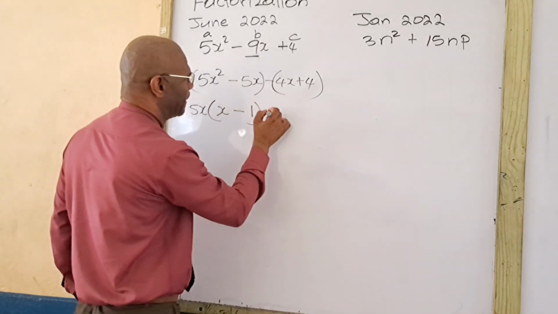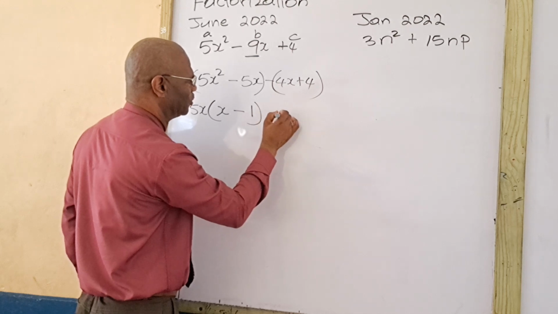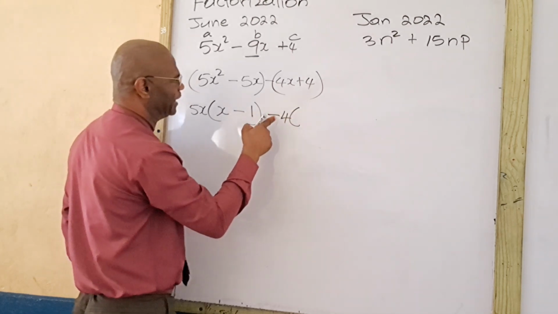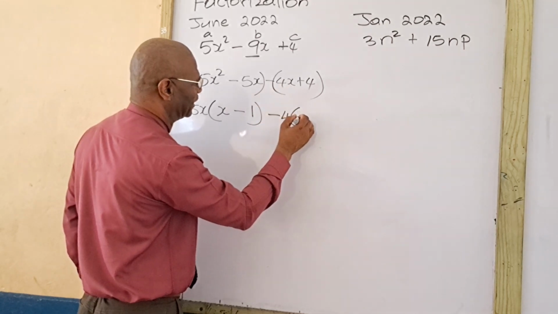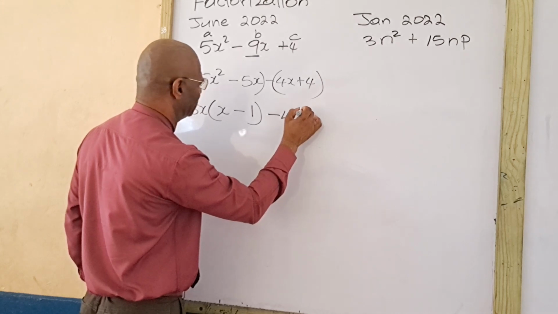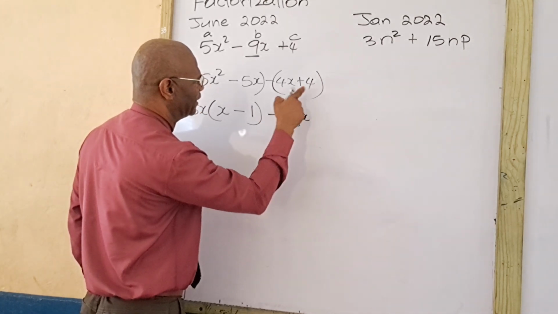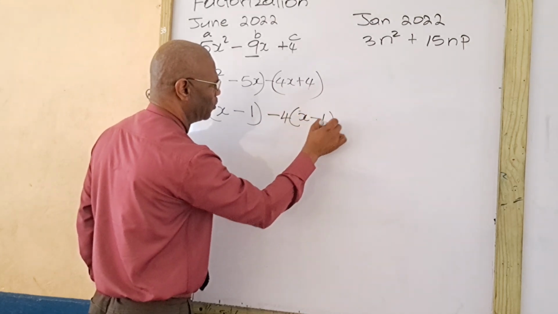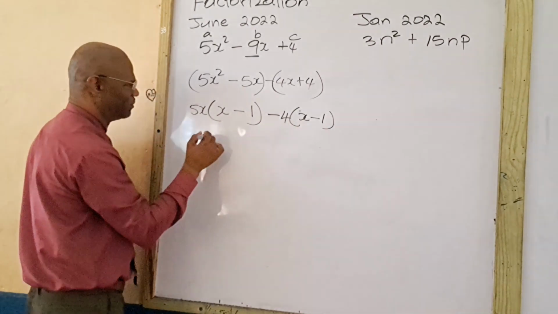Right? And then we have now, we can do 4 is common, and negative 4x divided by negative 4 gives us a positive x. No, x, sorry. And then 4 divided by negative 4 gives us negative 1. So now we are going to take the factors here and put them in our brackets.